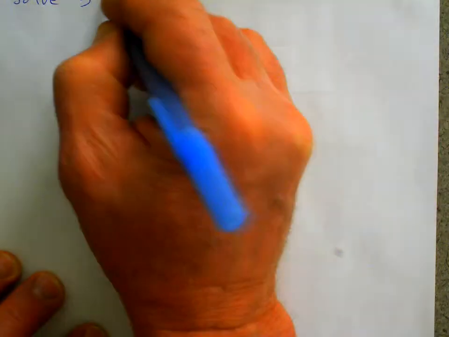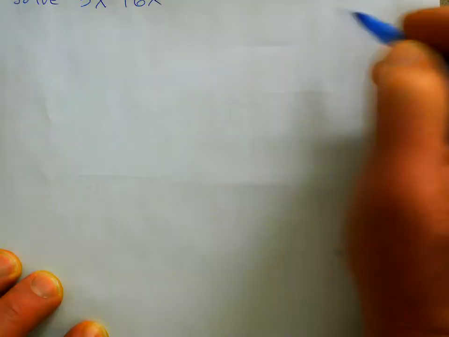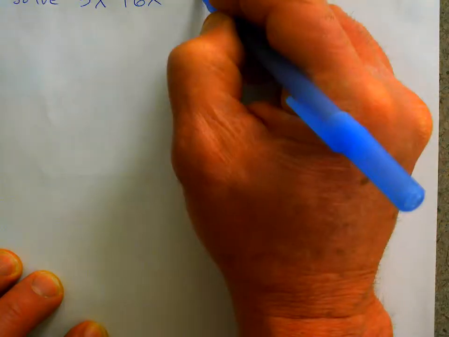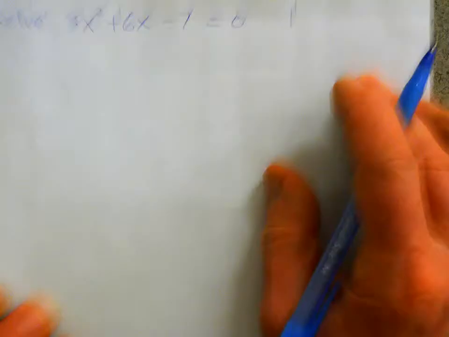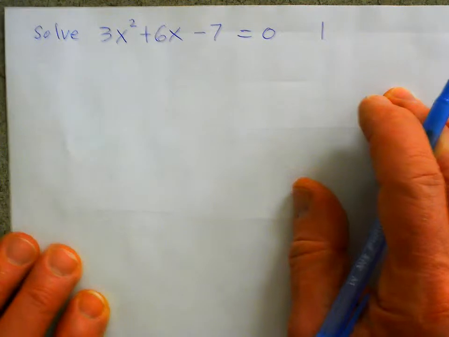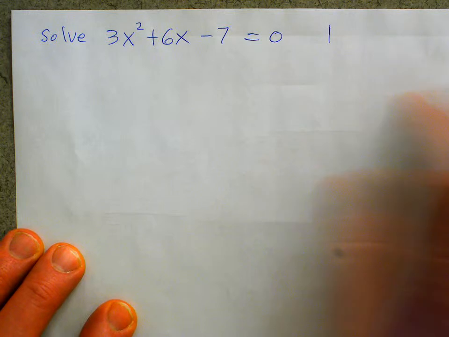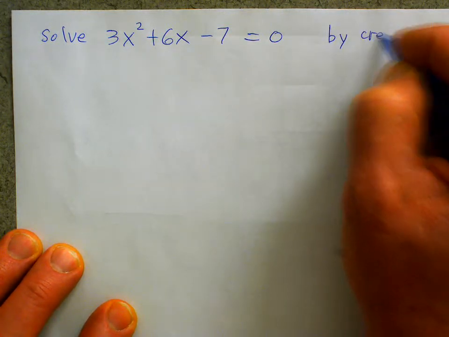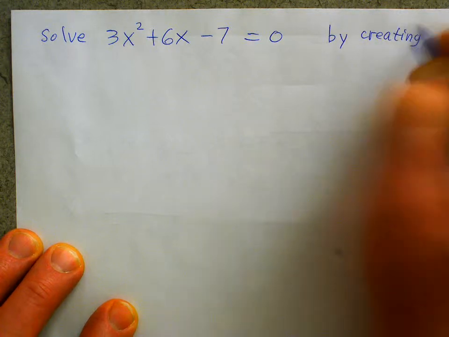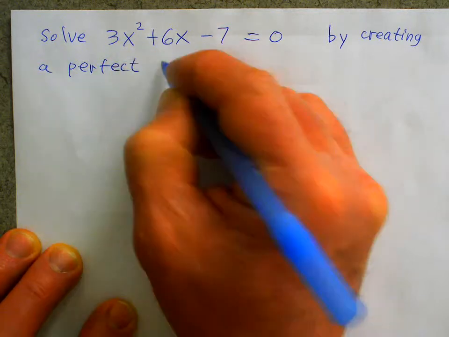Solve 3x squared plus 6x minus 7 equals 0 by creating a perfect square trinomial in the process.